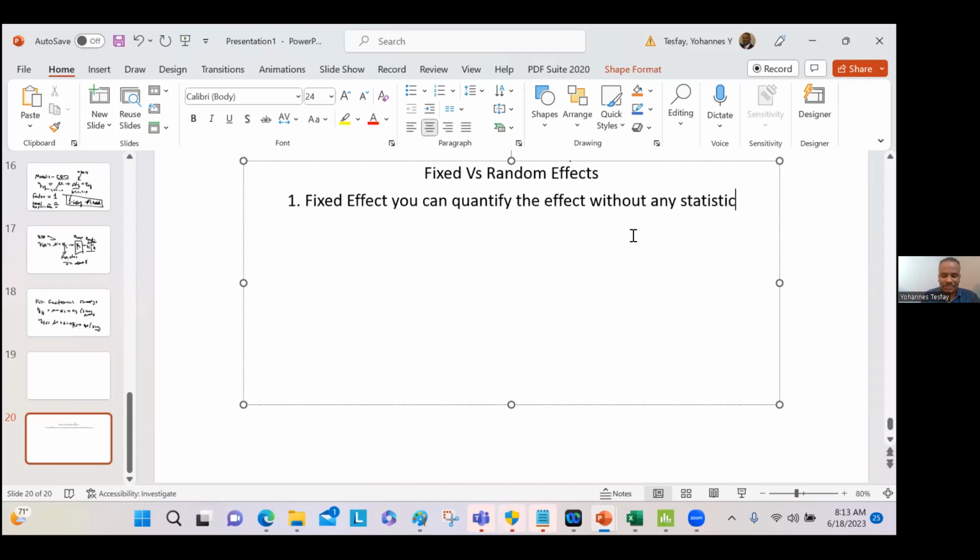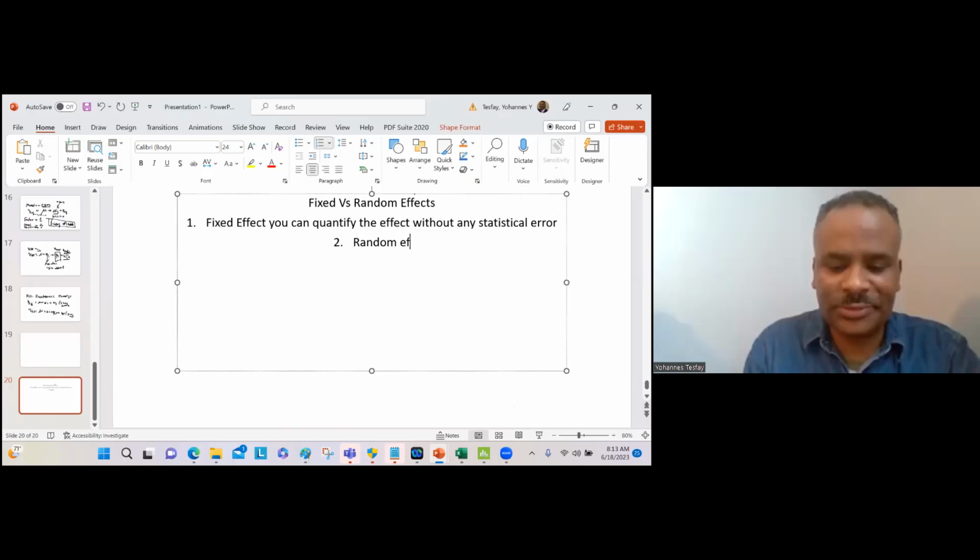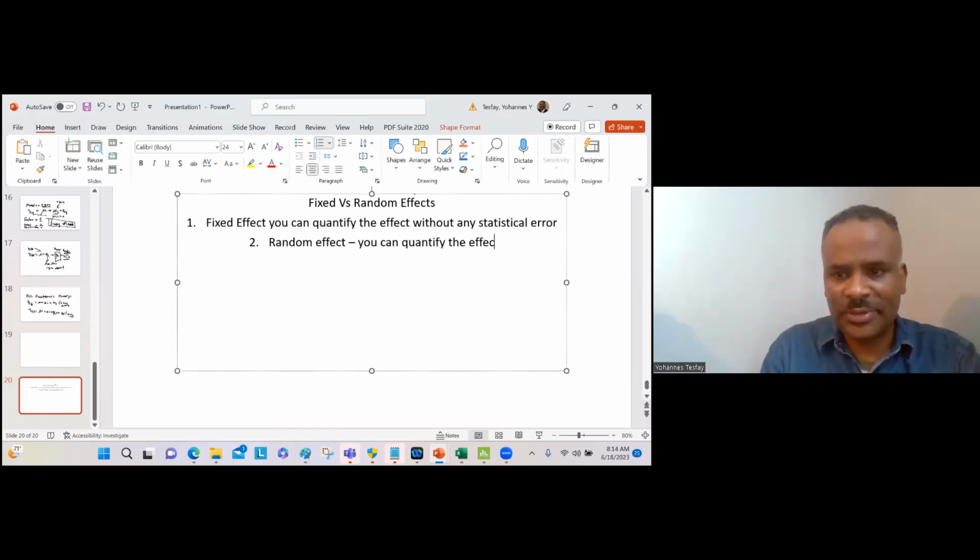Okay, that's a fixed effect. The second one is random effects. But still, it has statistical error.